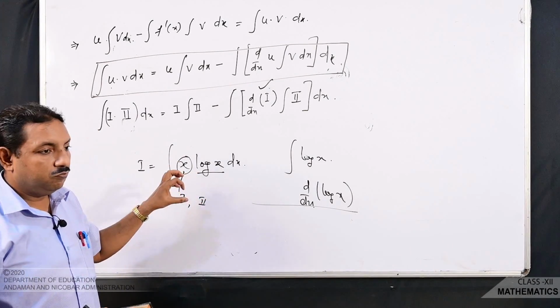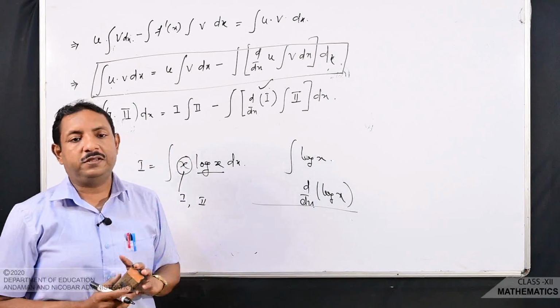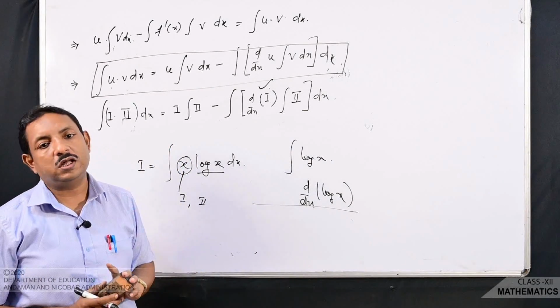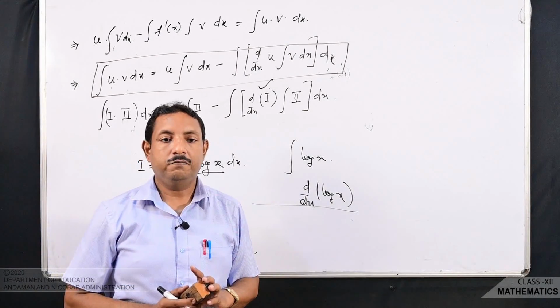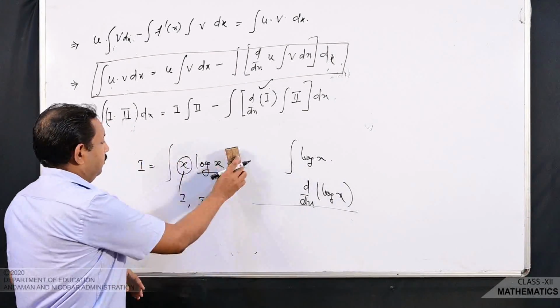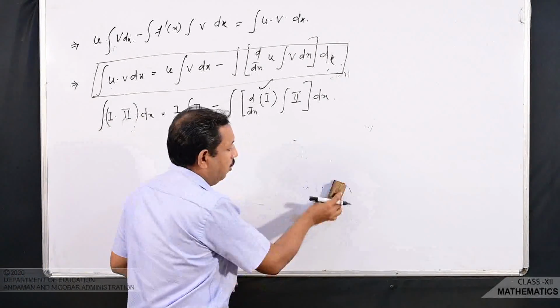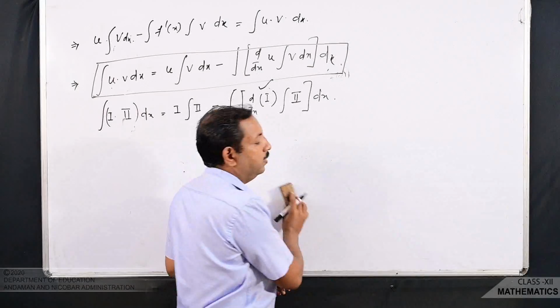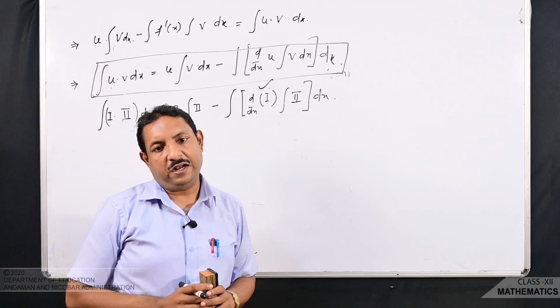So this is the method to be followed to choose the first and second functions. It is not a certain rule, but I will give you one idea, a preference for selecting the first function and second function.